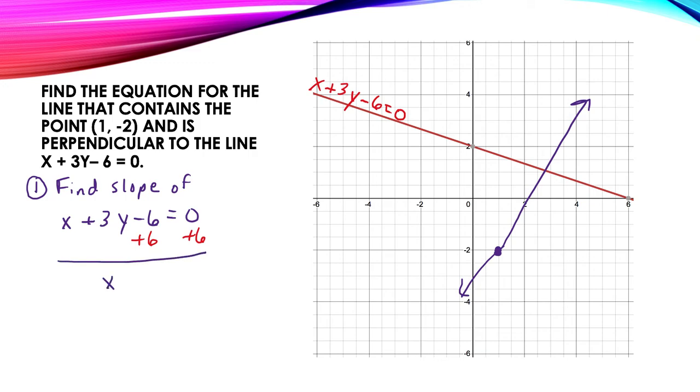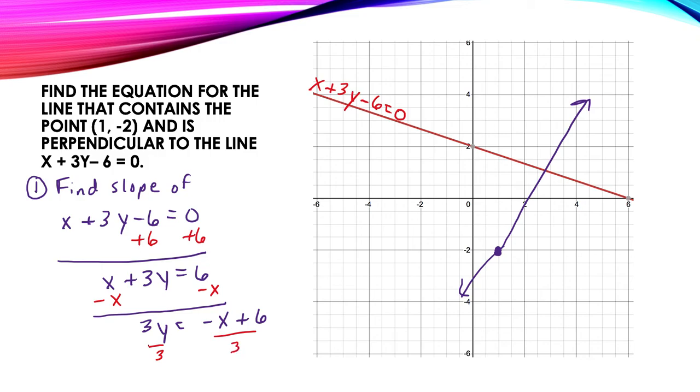So that's going to give me x plus 3y is equal to 6. Solving for y, the next step will be to subtract the x from both sides. So that's going to give me 3y is equal to negative x plus 6. And then the last step is going to be to divide both sides by 3.